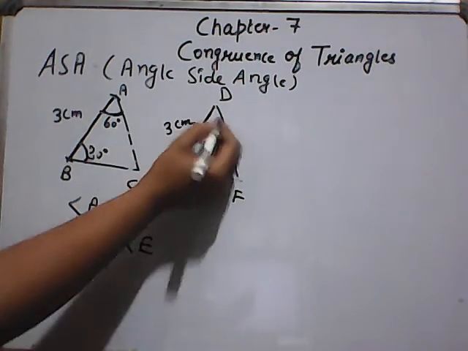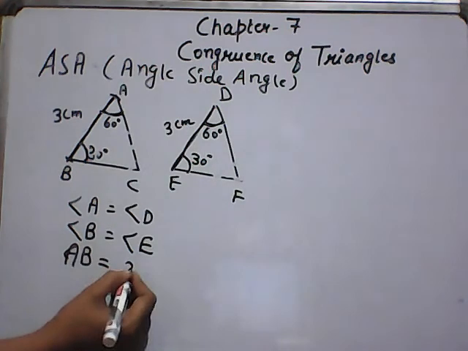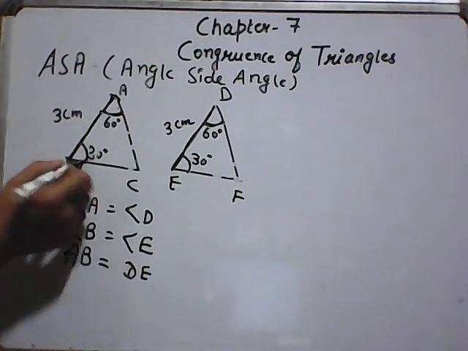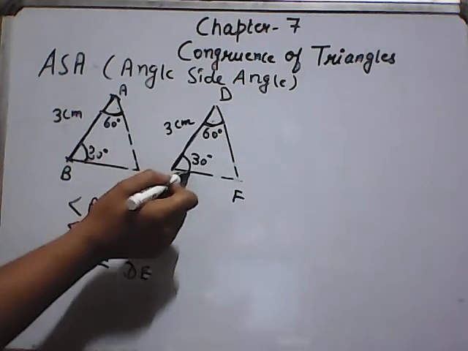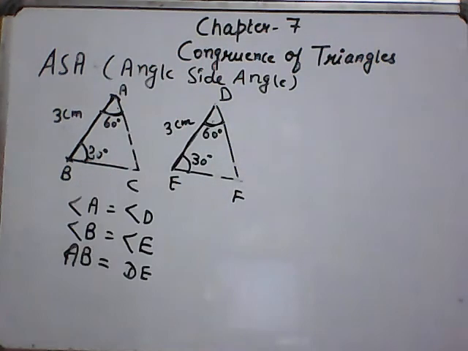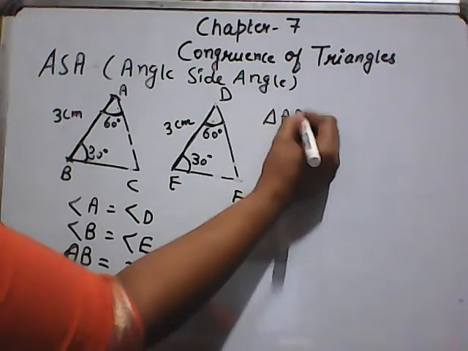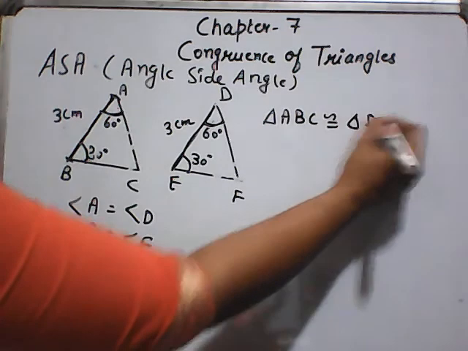DE contains angle D, DE contains angle E. In this criteria, if two angles and the side included between them are congruent to the corresponding two angles and the included side, then these two triangles are said to be congruent by using the ASA congruence rule.